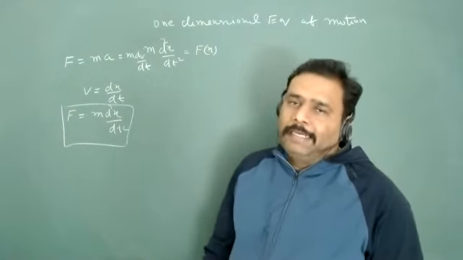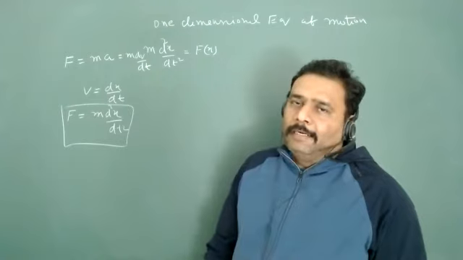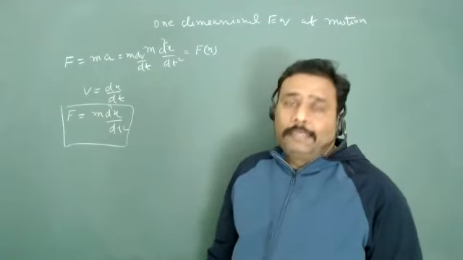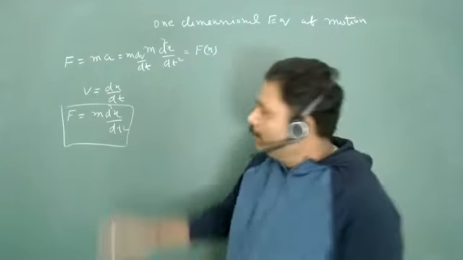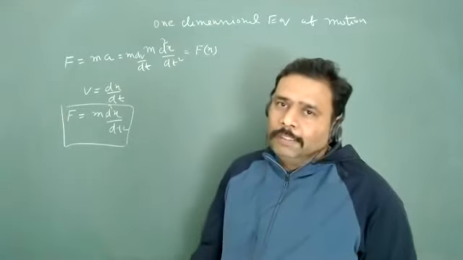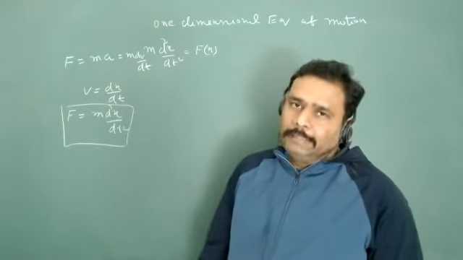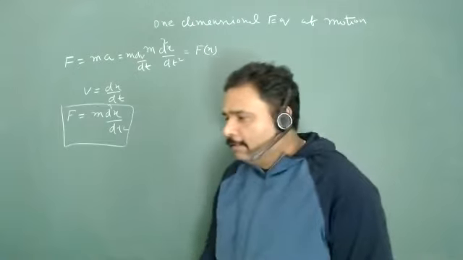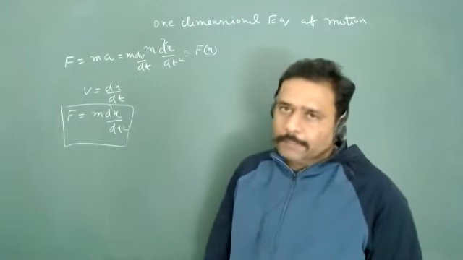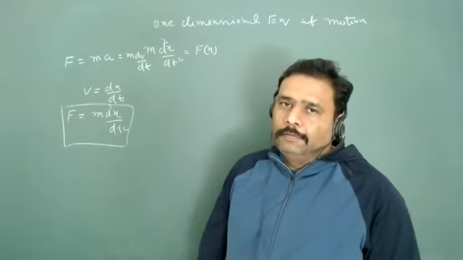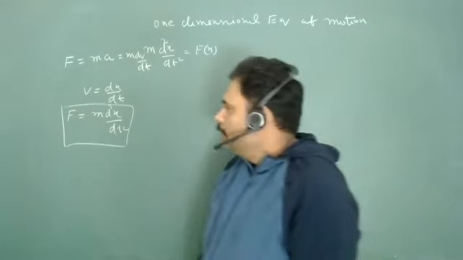But the thing is, are we smart enough to solve each and every problem? Let us try to see what our limitations are in solving this particular differential equation. Okay.